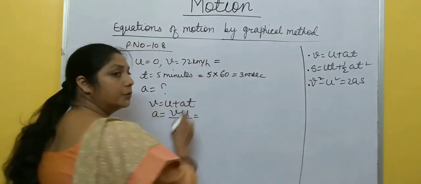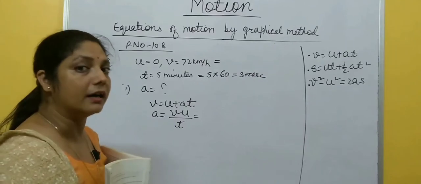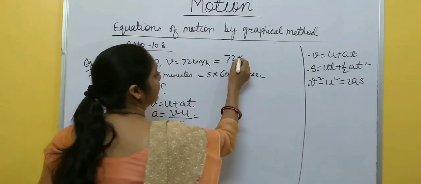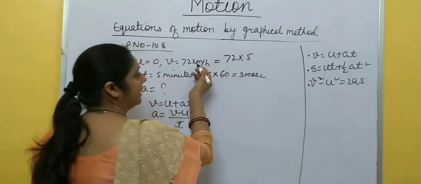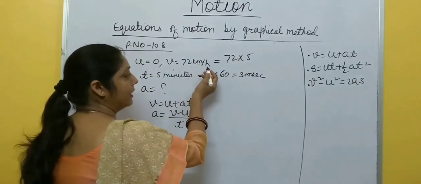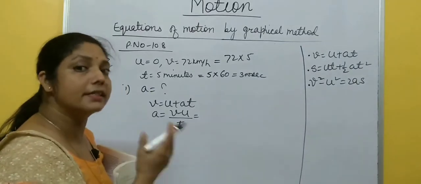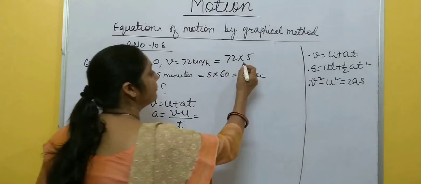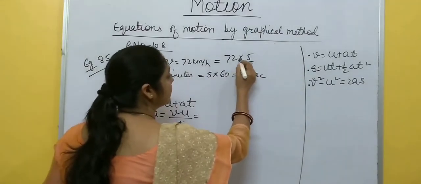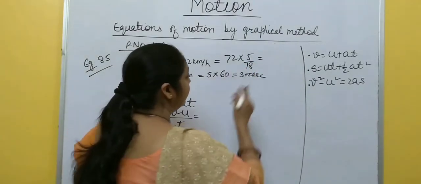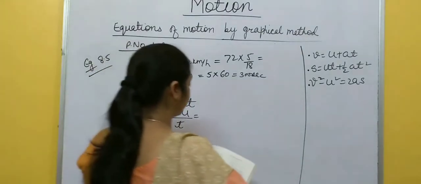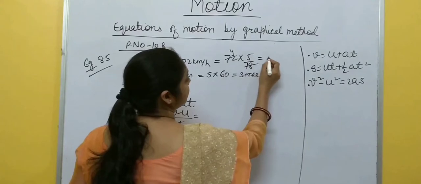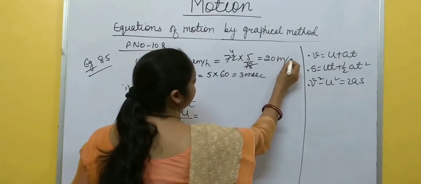And this 72 km per hour, you convert into meter per second by multiplying: in 1 kilometer there are 1000 meters, in 1 hour 3600 seconds. When you divide 1000 by 3600, you simply get 5 by 18. So you just multiply this by 5 by 18. You get how much? 20, because 18 1s are 18 and 18 4s are 72. So this is 20 meter per second.